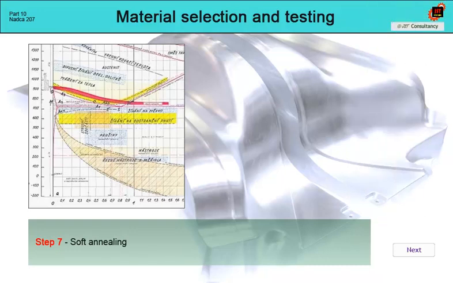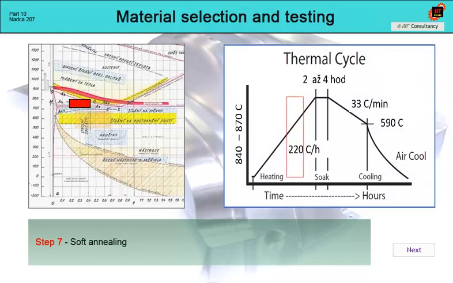After applying all previous operations and before delivering the material to the customer, the final soft annealing of the material must still be performed. This is an isothermal spheroidizing annealing process important for the machinability of the steel, reducing the final hardness of the material and improving plasticity and toughness.